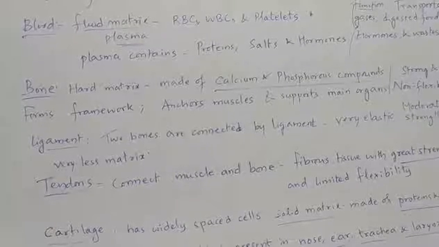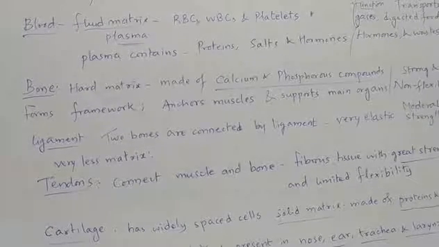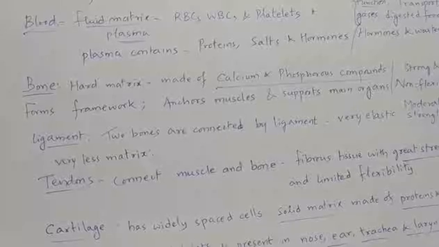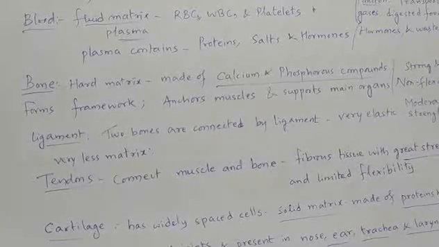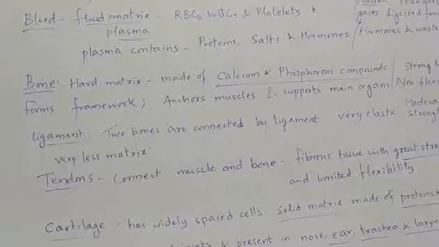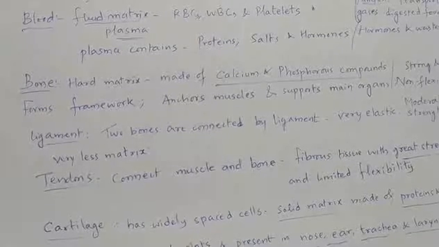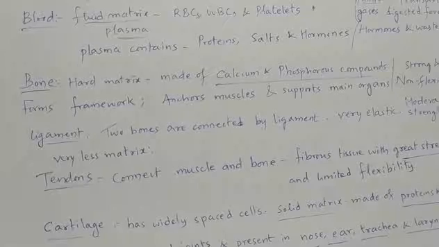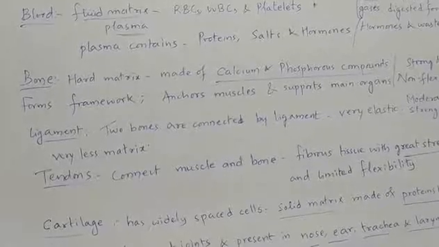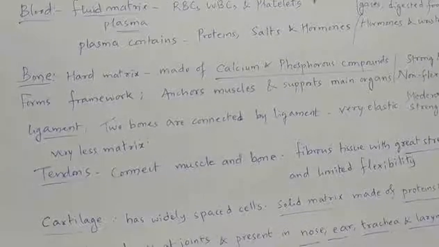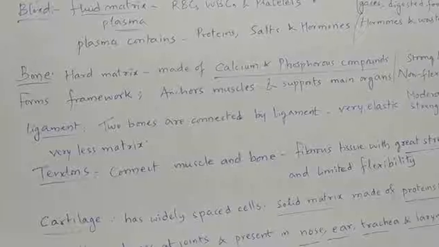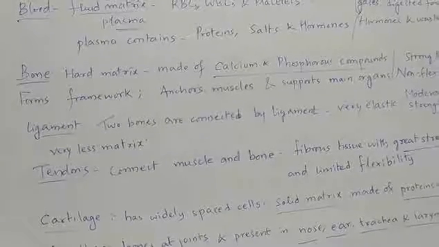The blood plasma also contains proteins, salts, and hormones. The function of blood is to transport respiratory gases, digested food, hormones, and metabolic wastes to different parts of the body.